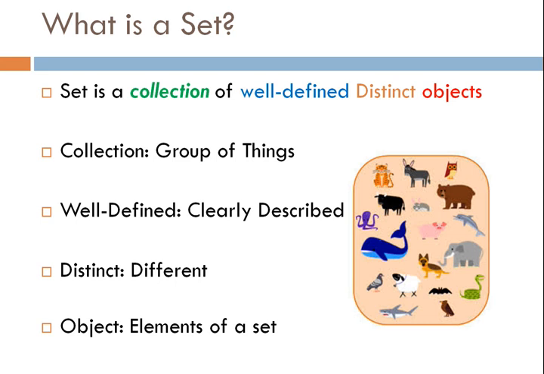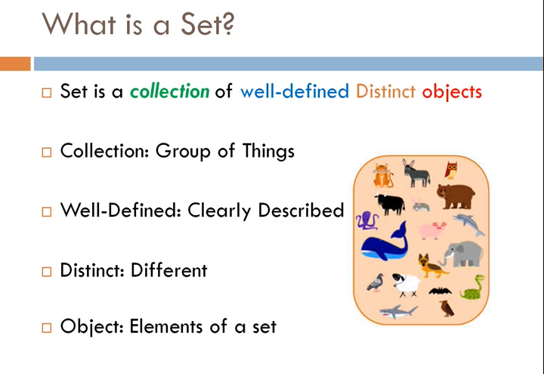And what was the meaning of object? Elements of the set. Hope you understand what is set. Suppose the elements of the set are non-repeatable. Suppose I have a set of numbers 1, 2, 3, 4. Every number of the set will be written once. 1 will be written once, 2 will be written once.